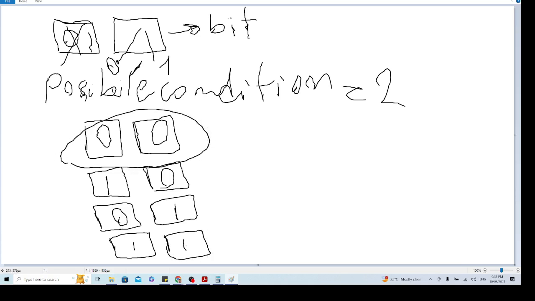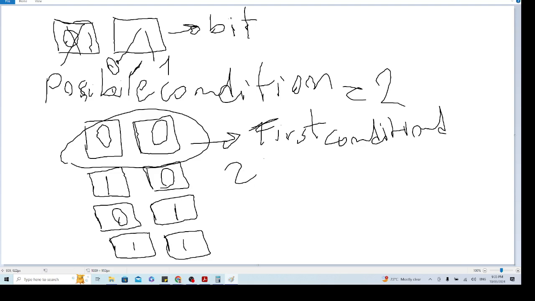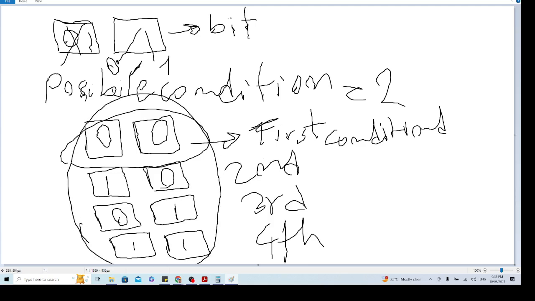This is your first condition. This is second, third, and fourth. So totally, how many conditions do we have here?